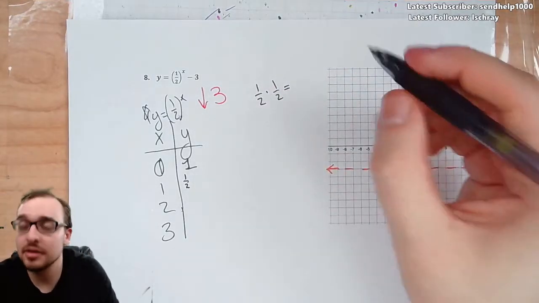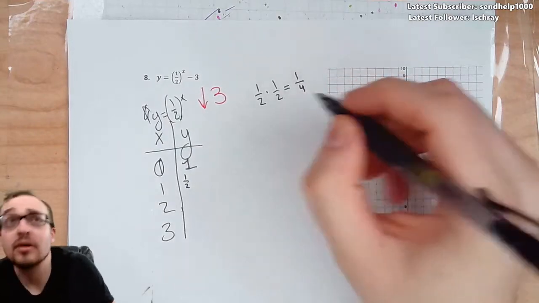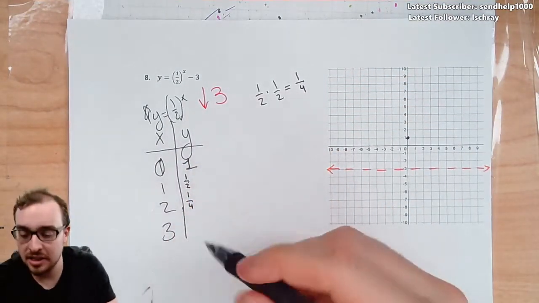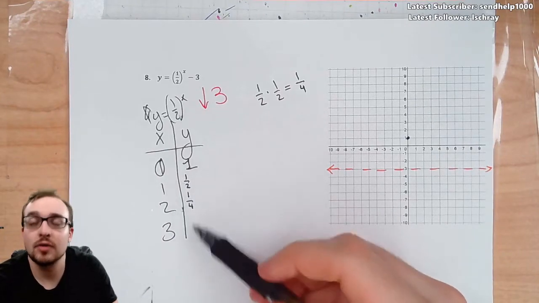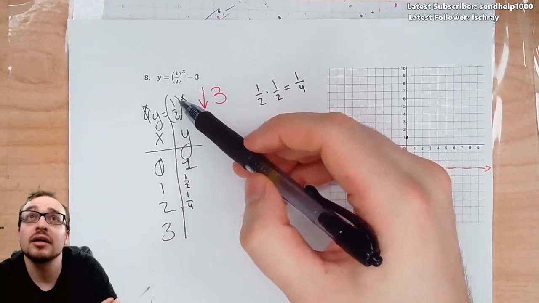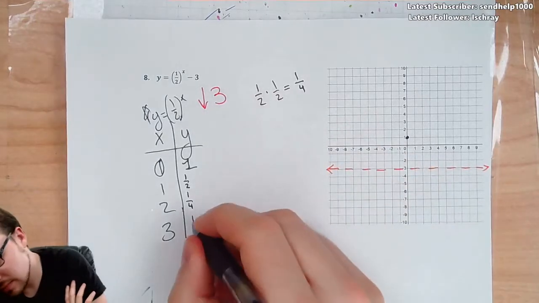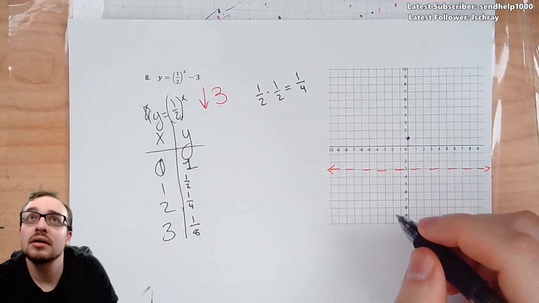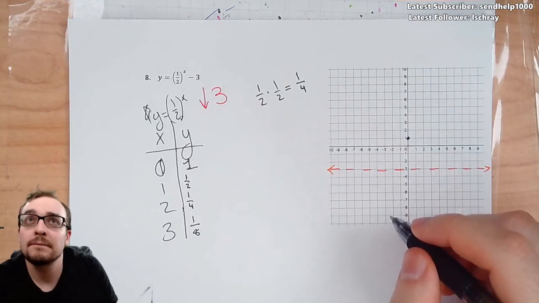Right? That's what a half squared is. A quarter, right? It looks like as the numbers get bigger over here, they get smaller over here. If I put a 3 there, a half cubed is 1 over 8. All right?